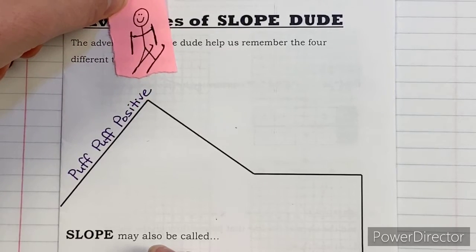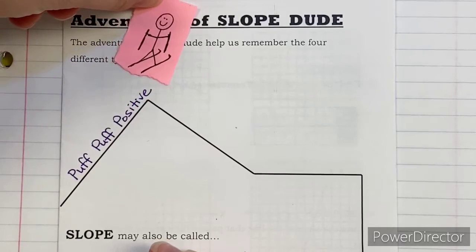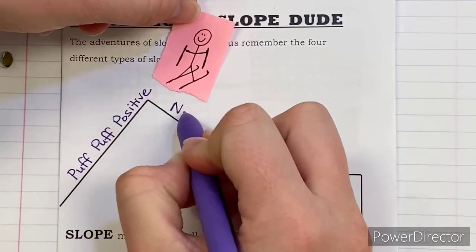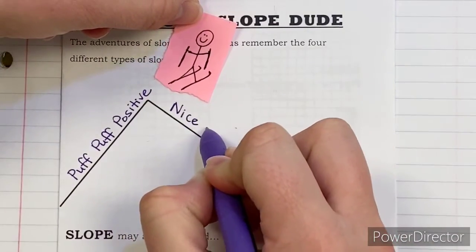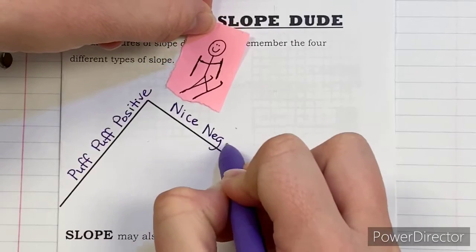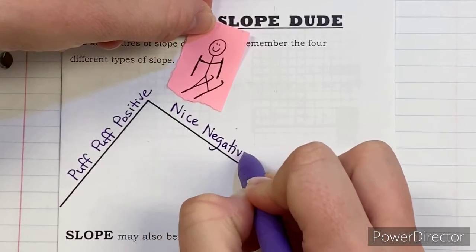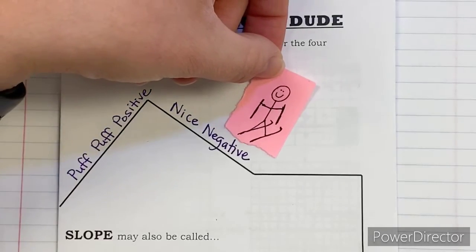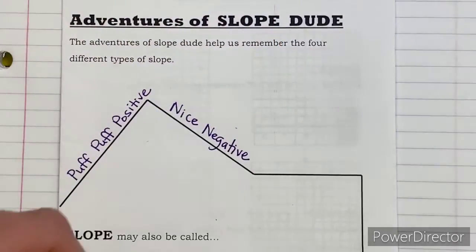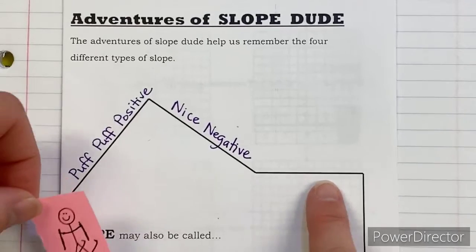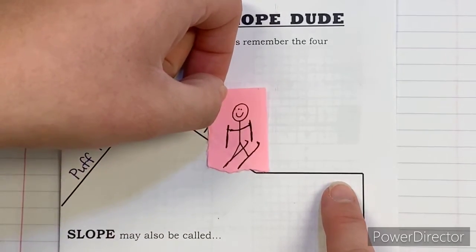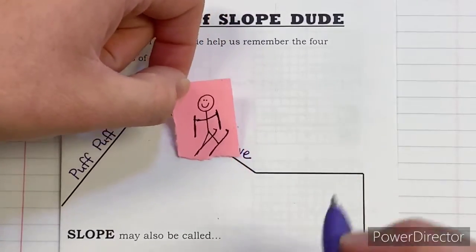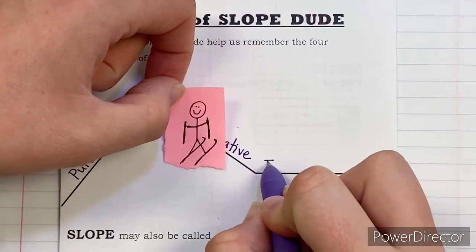When he gets to the very top and starts his descent down the hill, he says nice negative. Nice negative as he goes down the hill, because not a lot of work. Nice negative all the way down. Then he gets to this flat part. If you've ever been skiing, moving across a flat piece is actually zero fun, and that's what Slope Dude would say.